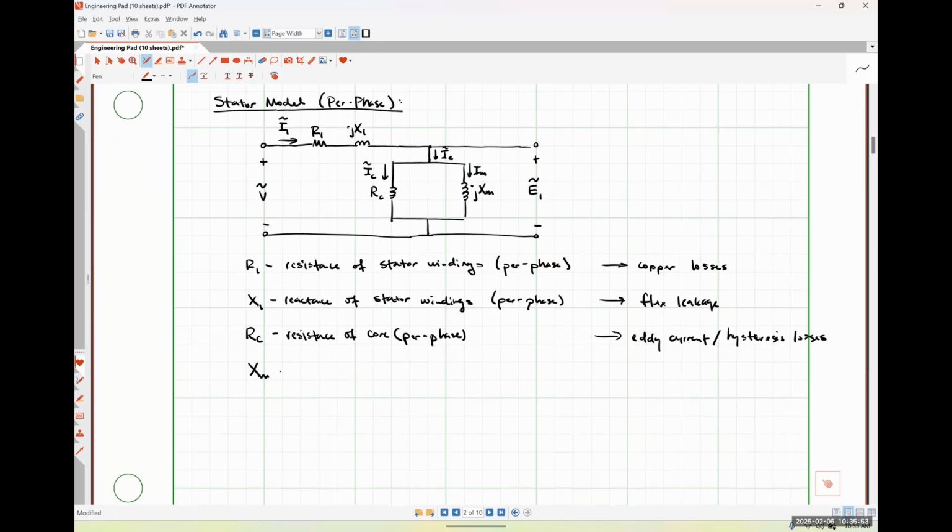XM is the magnetizing reactance of the air gap, also per phase.